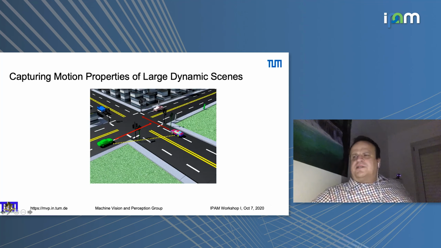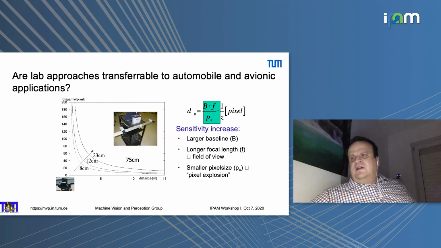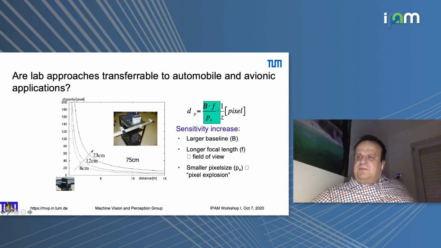So how does it help me to deal with the cars? Now you have all these scenes where cars are navigating around. My problem is that I would like to look far ahead. What's happening 50, 100 meters ahead? That means my cars are not 200 pixels, they are maybe 10 pixels big. And at these distances, if you look at the stereo system, most robotics people are used to operating in this space up to 8 meters.